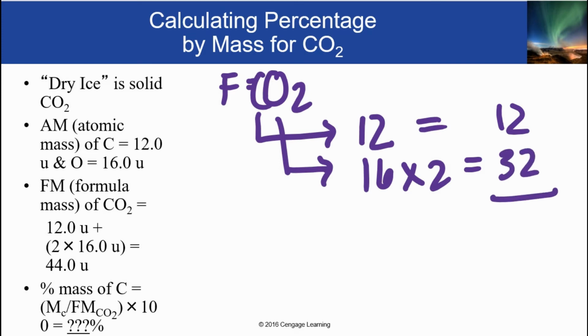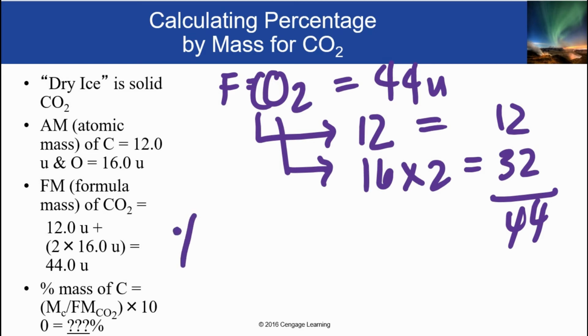Therefore, that will give us a formula mass of 44. So we have 44 U of carbon dioxide. Ang gusto nating malaman, percentage mass of carbon.